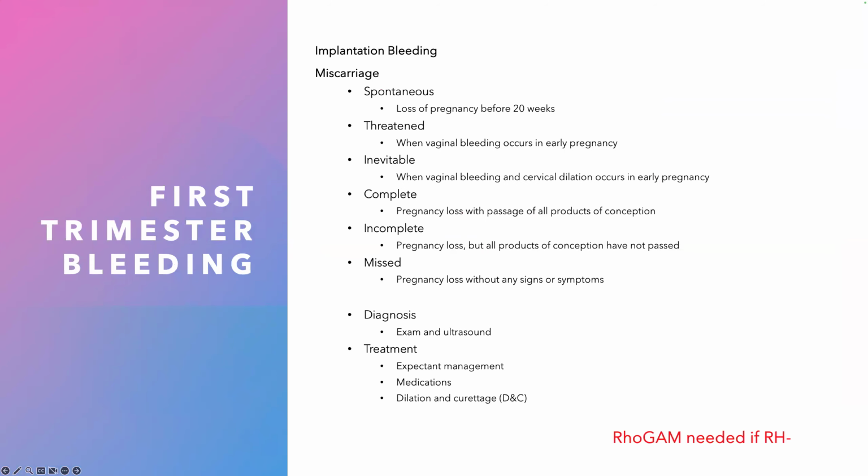Okay, so miscarriage. When we talk about miscarriage, it is a loss. We use the word miscarriage, but there are different types of miscarriage, and there are different terminologies for the different types of miscarriage. So we're going to go through those. Now, I put implantation bleeding at the top and we've talked about this in the very first class. Implantation bleeding is light spotting with implantation.